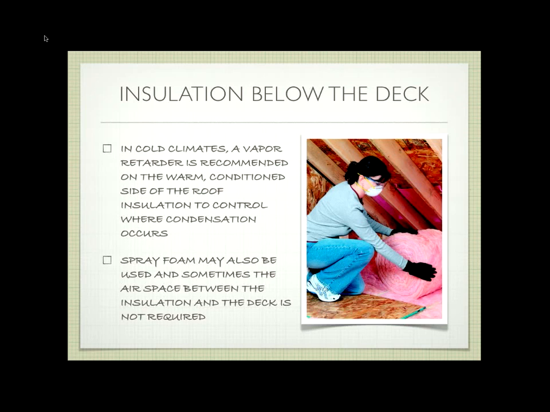If we heat the inside of our house, and the outside is really cold, at some point in the wall we're going to get condensation. And so if we put our vapor retarder, our vapor barrier, on the outside of the insulation, for example, the condensation point would occur between that vapor retarder and the insulation, and all that moisture would happen and give us mold inside our wall.